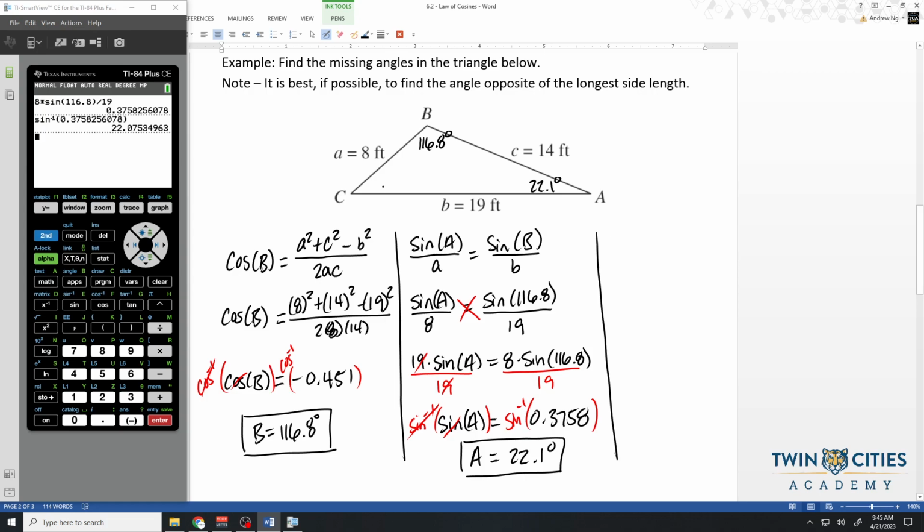Lastly, to find C, I could use law of cosines, I could use law of sines, or now that I've got two of the angles, I know I can do 180 degrees minus these two, which is 41.1.